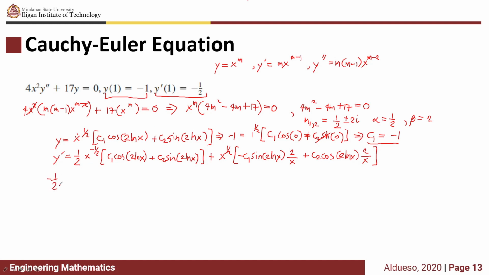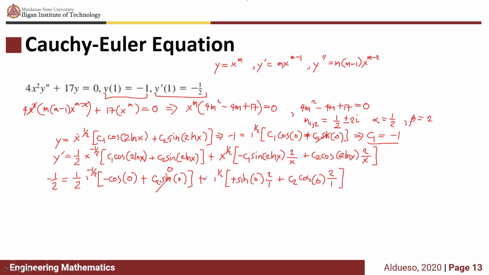So we have negative 1 half equivalent to 1 half times 1 to the negative 1 half times, since C1 is negative 1, negative cosine of 0 plus C2 sine of 0, plus 1 to the power 1 half times negative C1, so we have positive sine of 0 times 2 over 1 plus C2 cosine of 0 times 2 over 1.